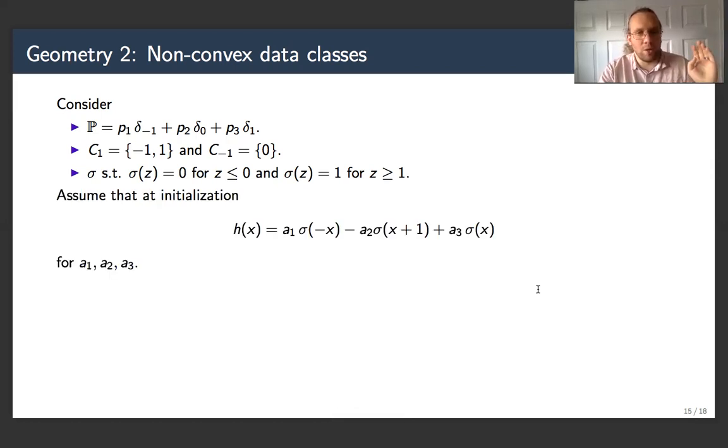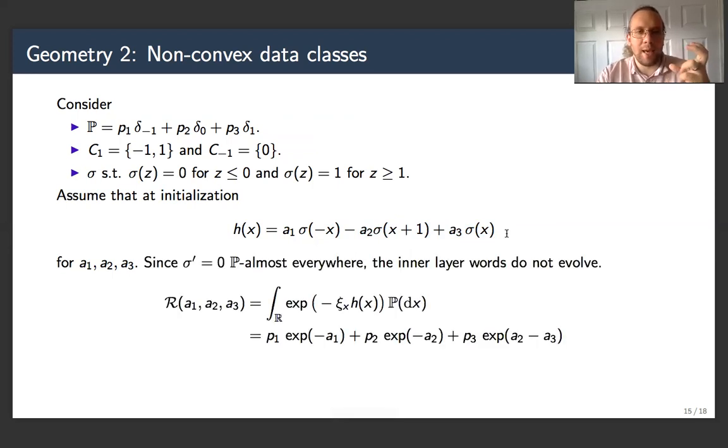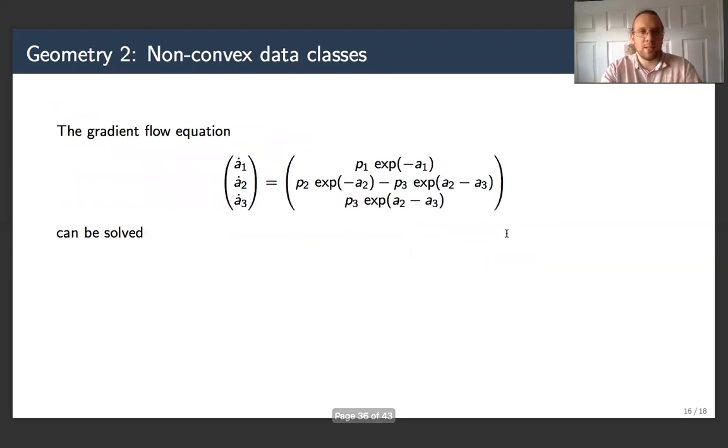We've looked at an initialization which has this left neuron only affected by one of the parameters, and the other 2 are both affected by a2. And then we can solve this gradient flow equation, where here we see the interaction between the a2, a3 parameters, and here the neuron that is only affected by one of the parameters.